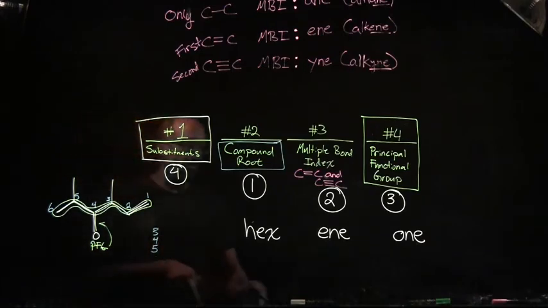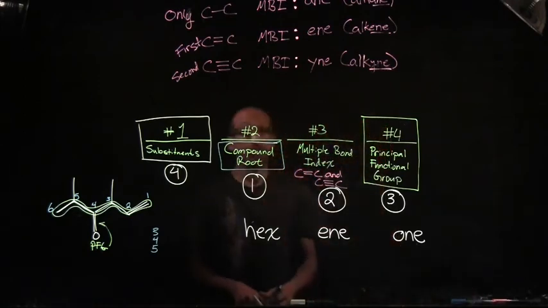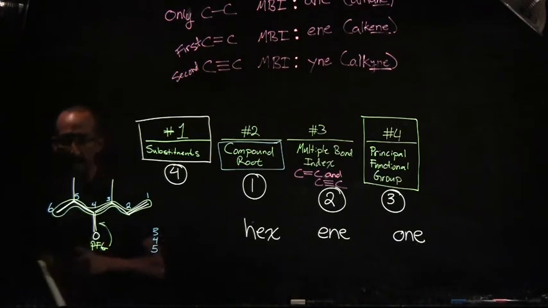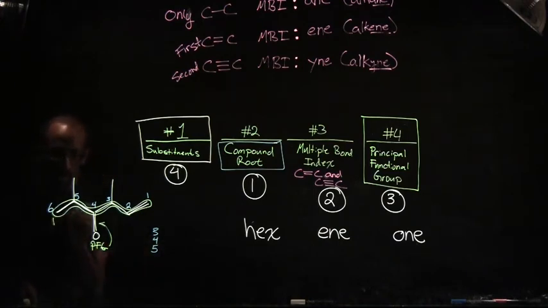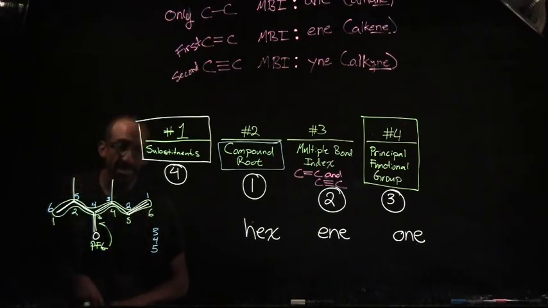If we started from the opposite end, we could number 1, 2, 3, 4, 5, and 6.